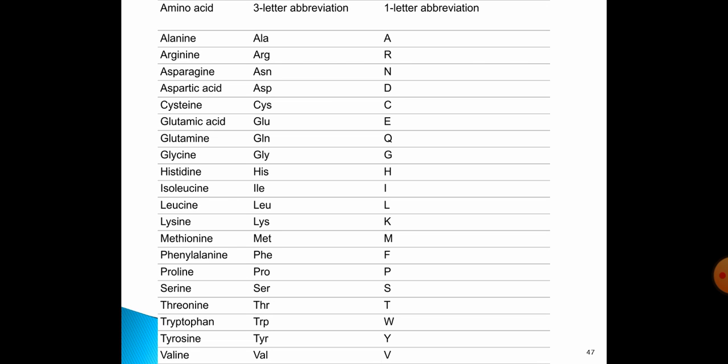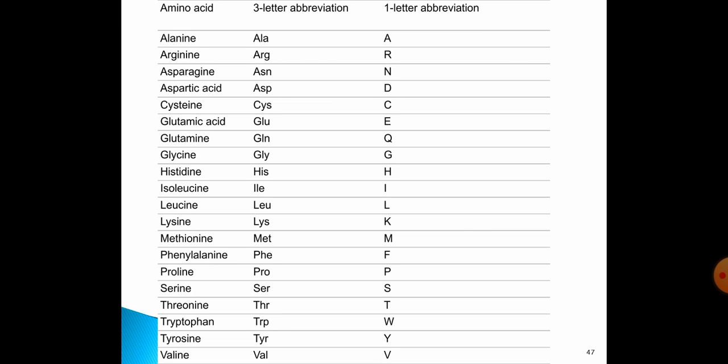These amino acids are abbreviated by 3 letters. For example, alanine is ALA, and there is also the 1 letter abbreviation, A. So please try to memorize all of these names for the 20 amino acids, the 3 letters and the 1 letter. The 1 letter code is very important because in protein synthesis, sometimes we just use single letters.